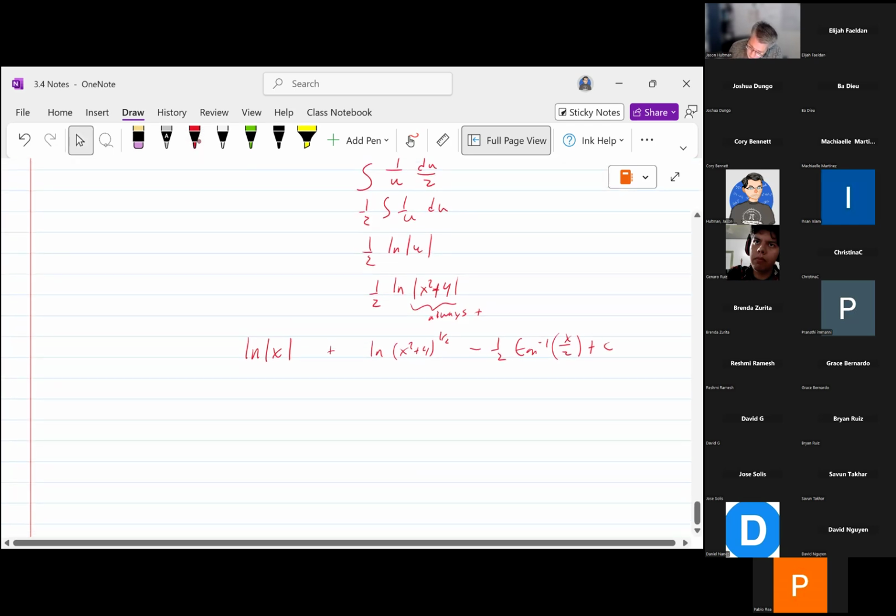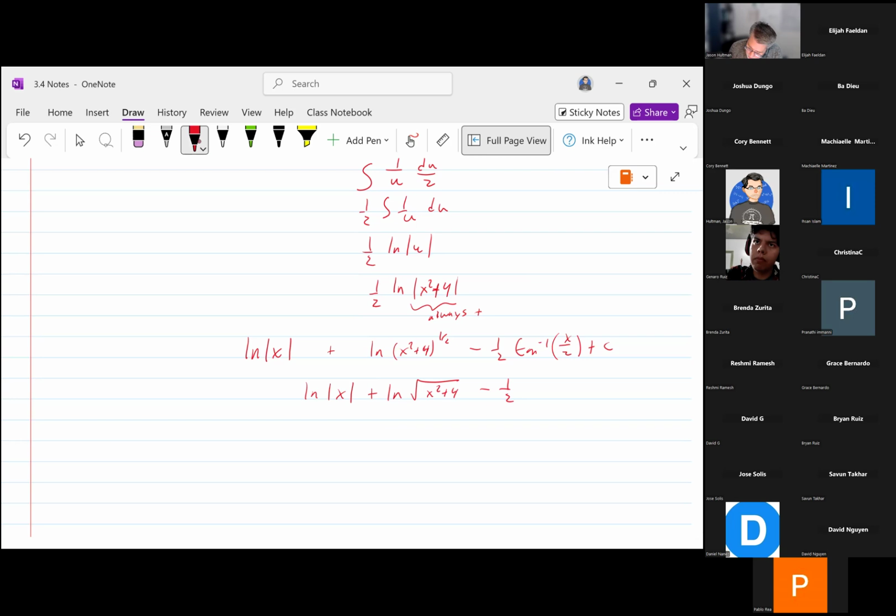Well, what is anything to the 1/2 power? It's the square root, right? So I can take the natural log of the absolute value of x plus the natural log of the square root of x squared plus 4, minus 1/2 inverse tangent of x over 2 plus c.